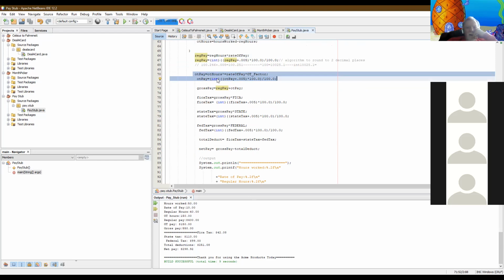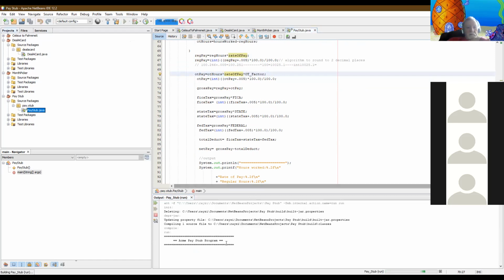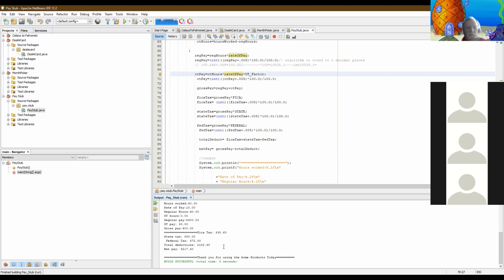Read it to me again. OT pay equals OT hours times rate of pay. Nope, you didn't read what it says. Oh, equal. Now run it. There you go. Awesome.